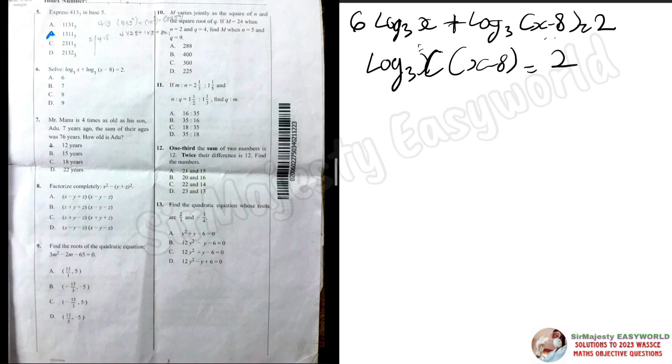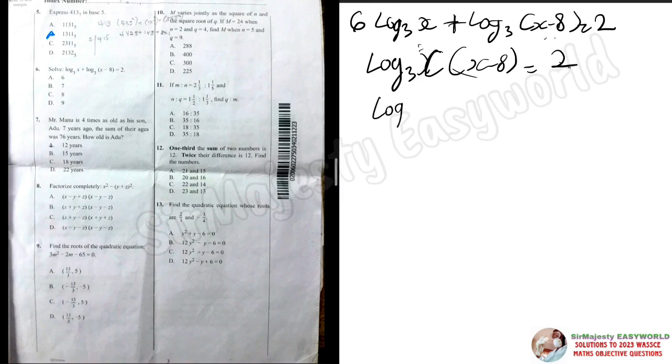Remember that log is based on that number. The base raised to what power will give us this number? And we know that log base 3 of 9 is equal to 2 because 3 raised to power 2 gives us 9, based on logarithm laws. So we are going to convert this 2 to logarithm form.